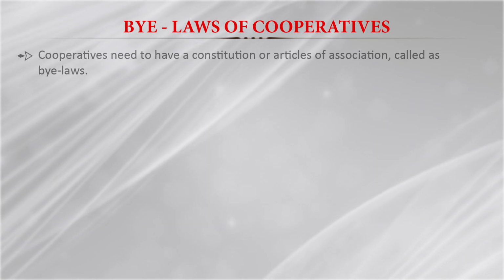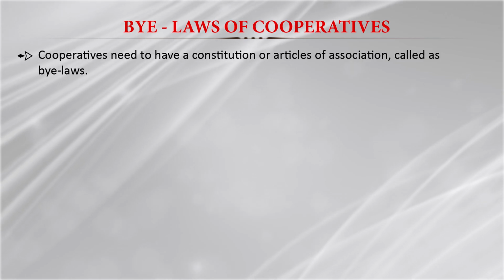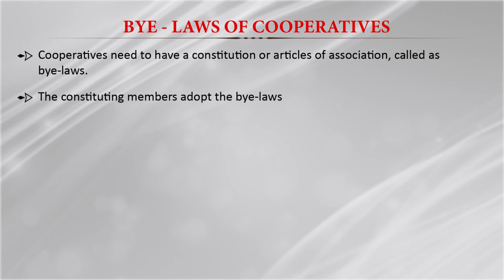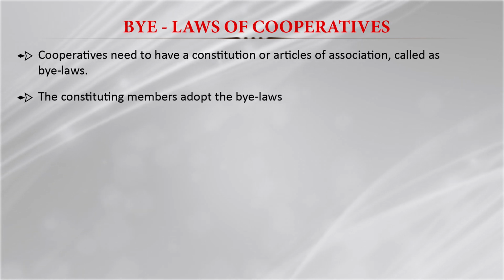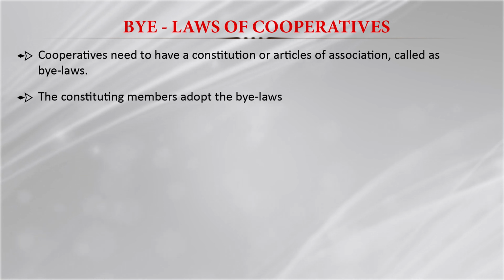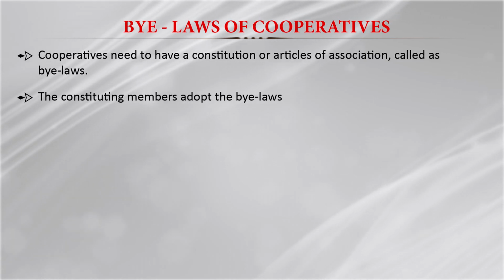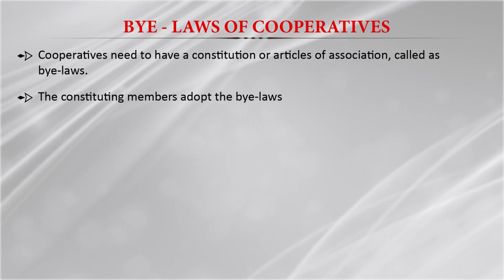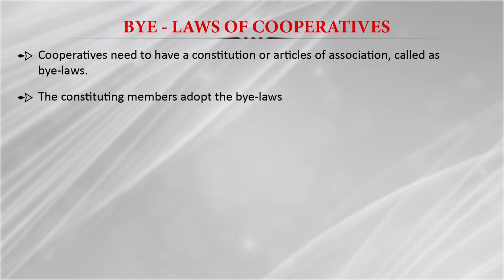Actually, cooperatives need to have a constitution or articles of association called by-laws. Basically, when we start a new cooperative society, the constituting members who are framing the new cooperative frame some rules and regulations, and that is called the by-laws of the cooperative society.